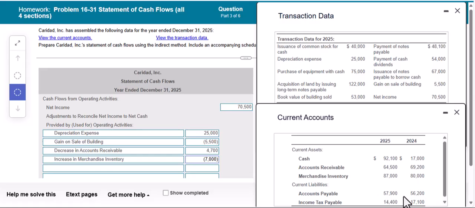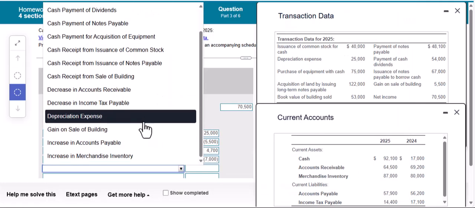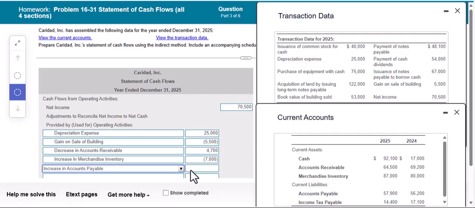So an increase in accounts payable. And if we take a look back in our cheat sheet, the rule says if there's an increase in current liabilities, you're going to add that. So we have an increase in accounts payable, and that's going to be for $1,700 positive.